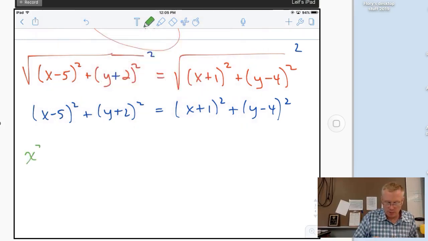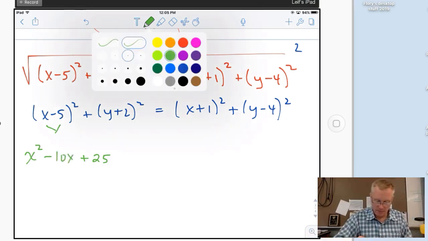To do a perfect square, square the front number, x squared. I'm going to put a minus there. And then the last number squared, 5 squared is 25. And then to get the middle term, multiply the two terms together and then double it. x times negative 5 is negative 5x. Double it is negative 10x. So that's that one.